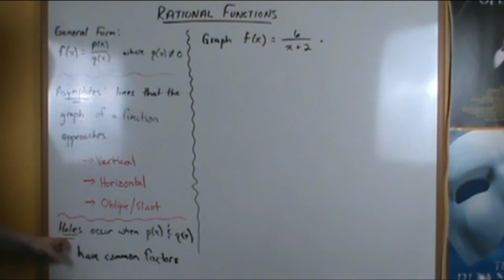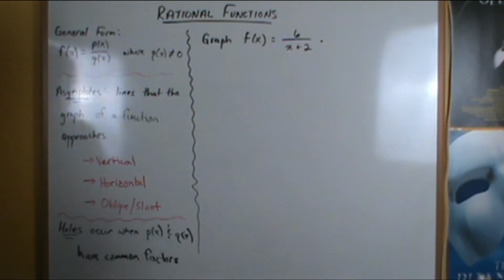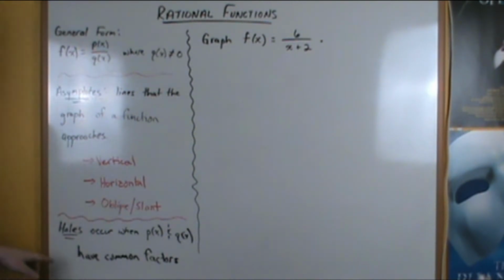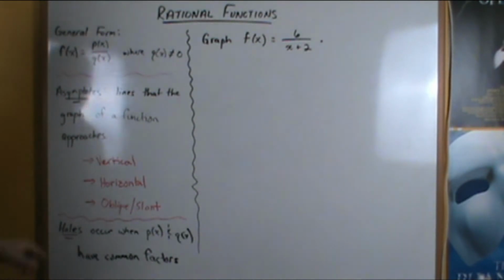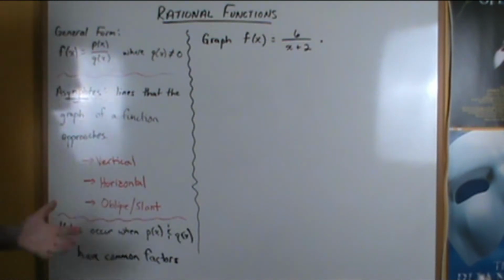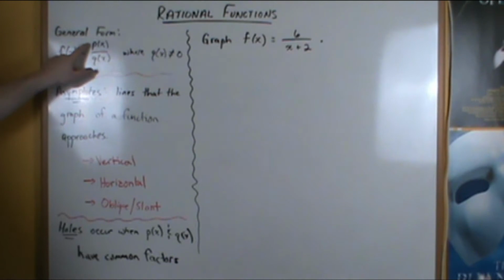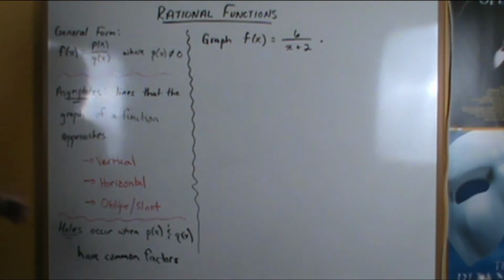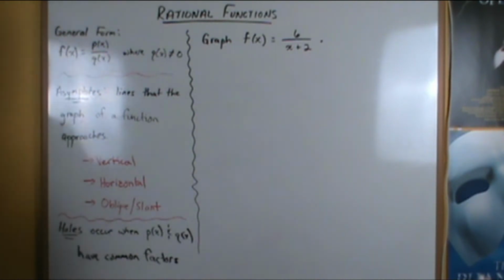And then holes: these functions can produce something called holes. Those occur when the numerator and denominator have a common factor. So if you factor the numerator and denominator and get, say, a common x plus 3, that'll simplify out of the function, and wherever x plus 3 equals 0, that's where the hole will occur.